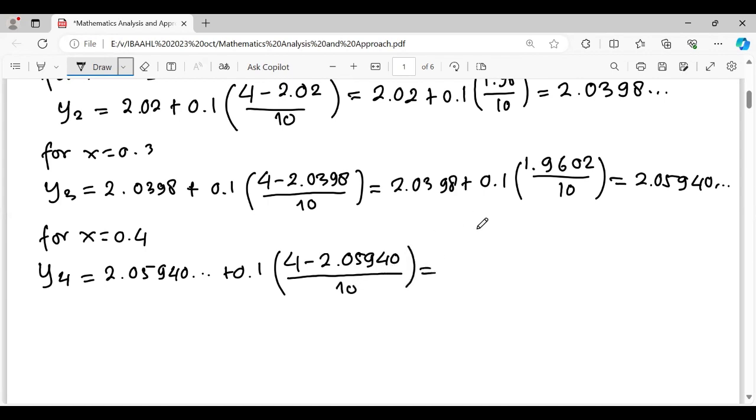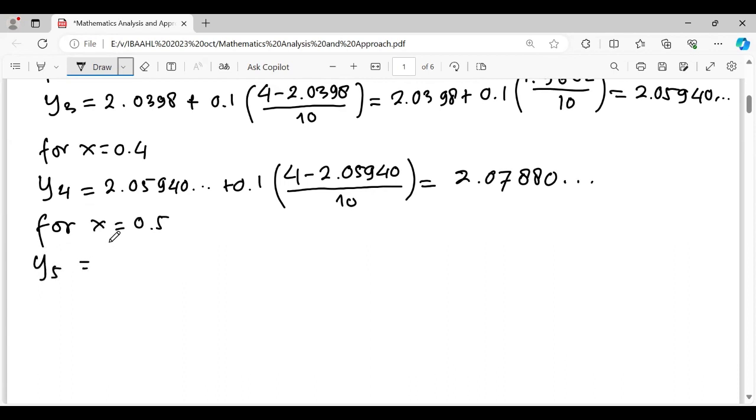And y4, if you calculate, it will be 2.07880, and so on.